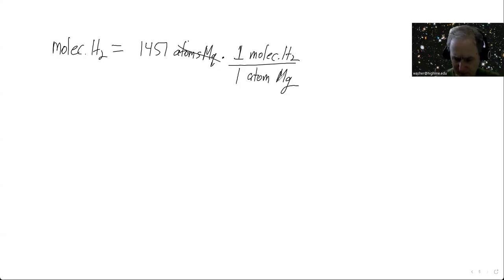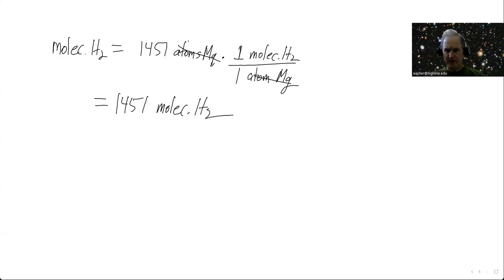So atoms of magnesium cancel. 1 times 1 divided by 1 is 1,451 molecules of H2. Okay. All right, so that finishes off that problem set.